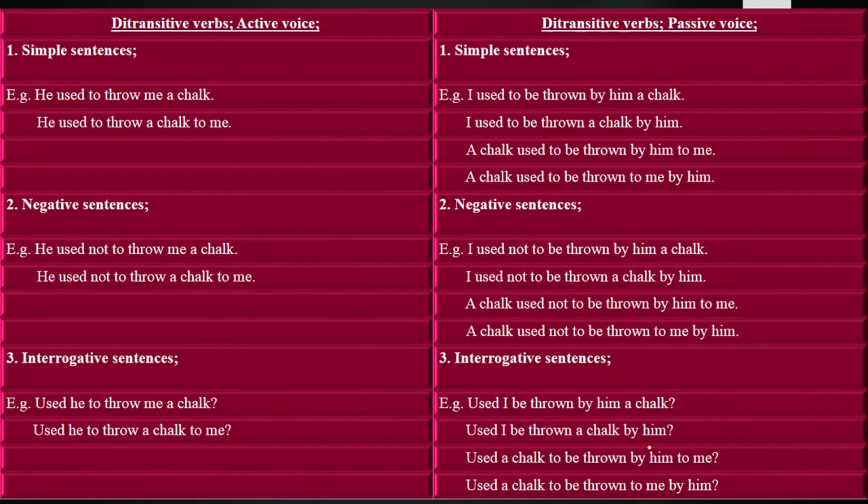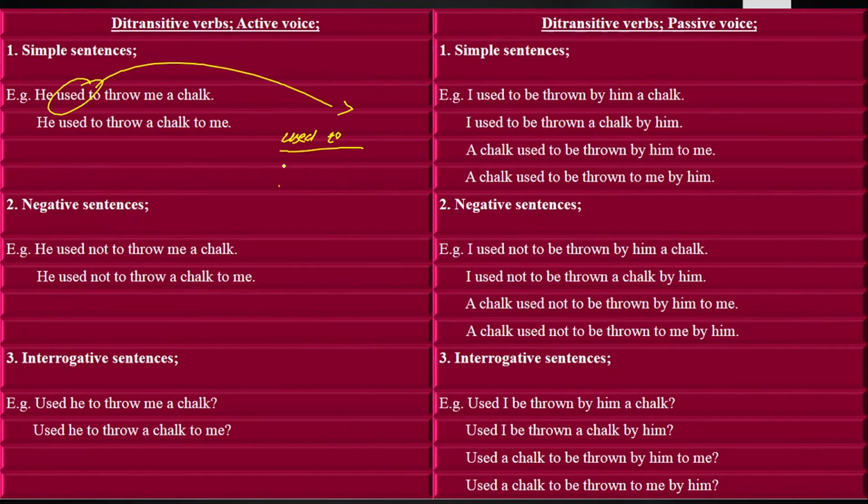Today we have got the modal auxiliary verb used to. We will discuss used to a little bit, and I will remove your confusion, and then we will start it into passive voice. Used to is a modal auxiliary verb and a structure both.